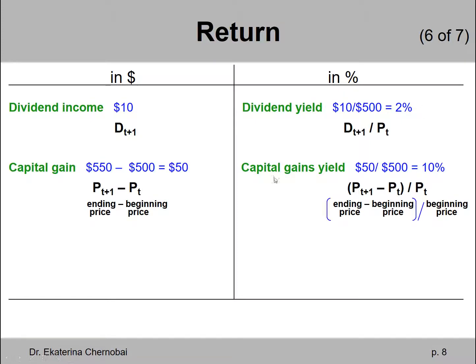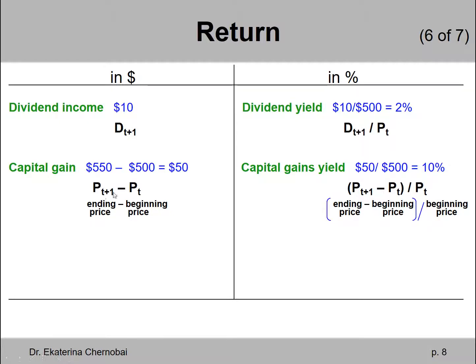But that's not the only way for you to get richer over the year in this particular example. In this particular example, you also have what is called capital gain. That's a $50 increase in stock price. So 550, the new price, minus 500, the original price, equals $50. The ending price minus the beginning price.